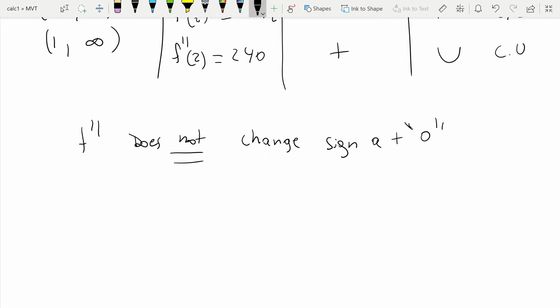At x equals 0, it doesn't change sign, and so this implies that 0 is not an inflection point, because it doesn't satisfy one of the required properties. It's not an inflection point. It's not a point of inflection.